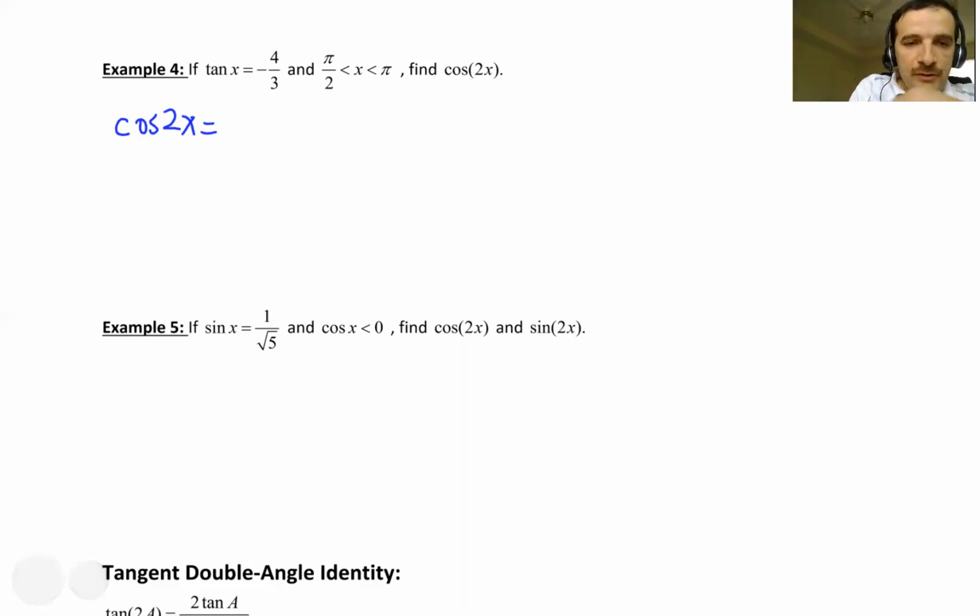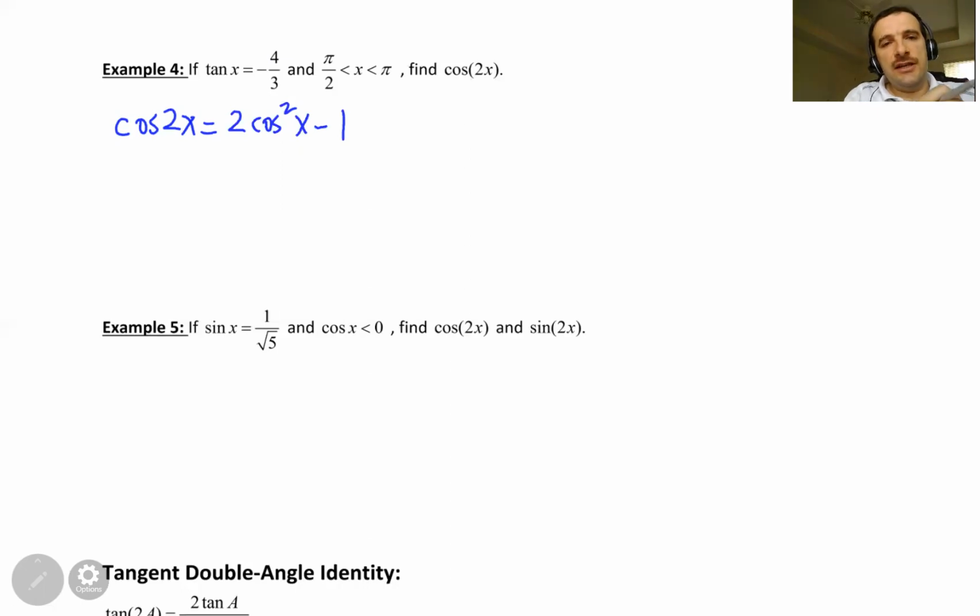For example, I can use cosine 2x is equal to 2 cosine squared x minus 1. If I want to use this formula, I need to know what cosine x is, and to find that I need tangent x.